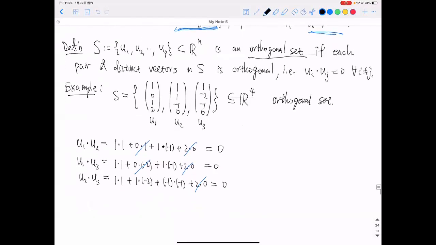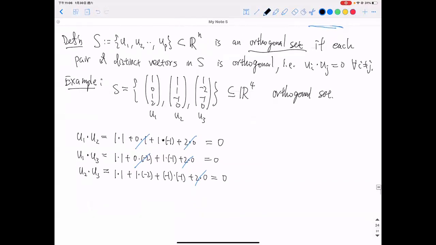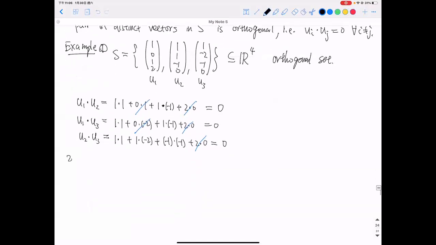Now you can come up with various examples. So this is, for example, the easy one. And let's look at a very general one. Consider the following collection of vectors: 1, 0, 0; 0, 1, 0, 0, and so on; up to 0, 0, 0, 1 in Rn.